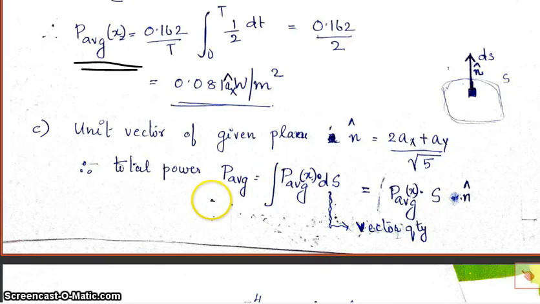So that is this expression. The total power over a surface is given by P average is equal to the surface integral of P average of x ds. So this is the expression to find out the total power over a surface.